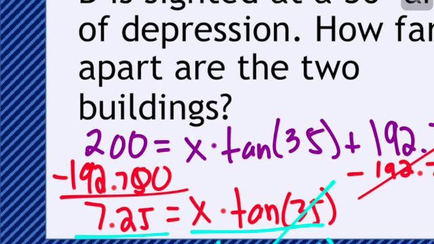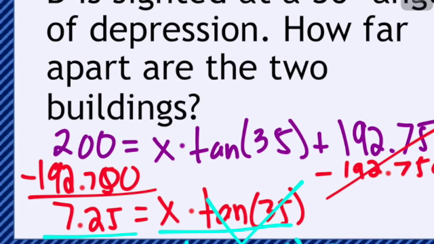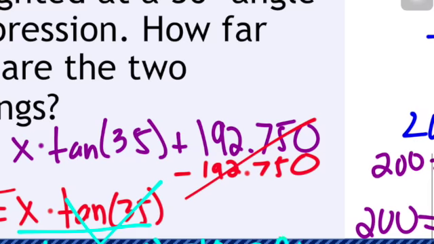And now I get 10.35 feet. So they're about 10.35 feet away from each other.